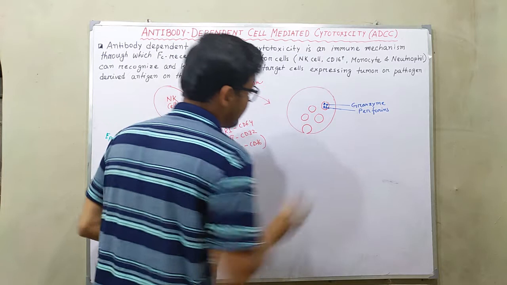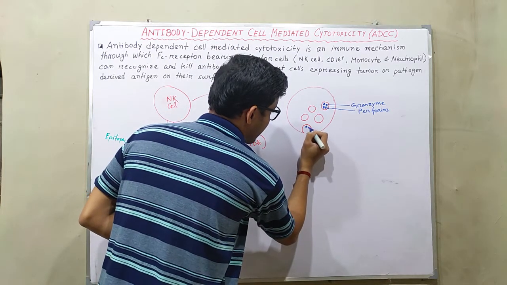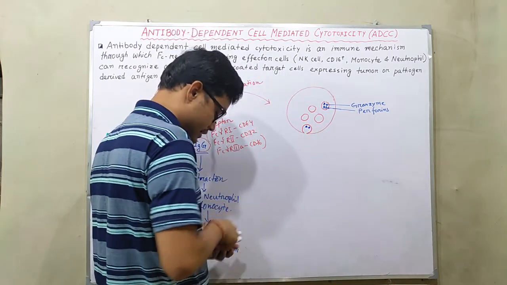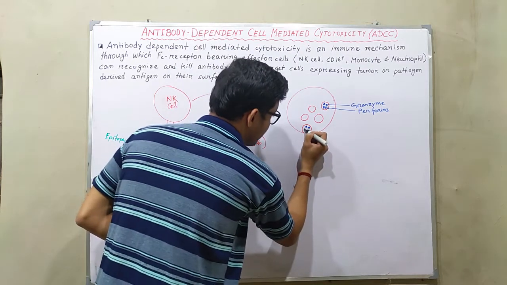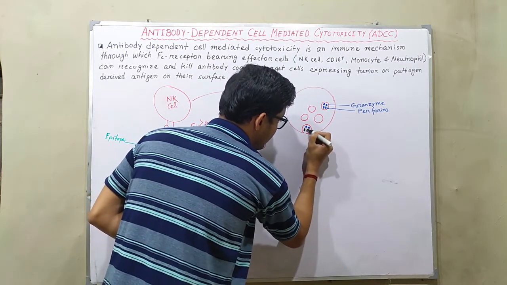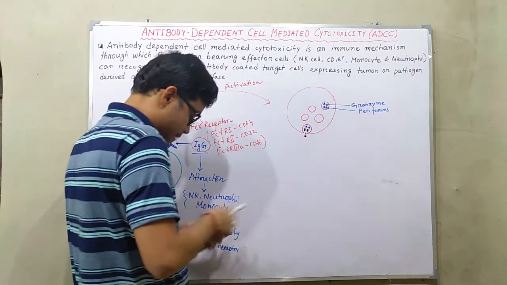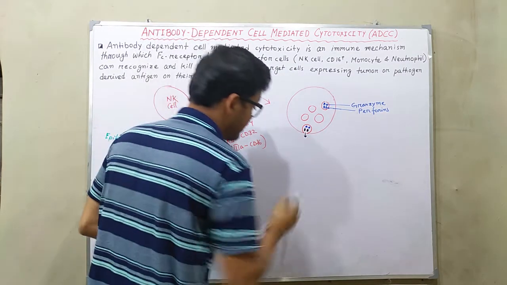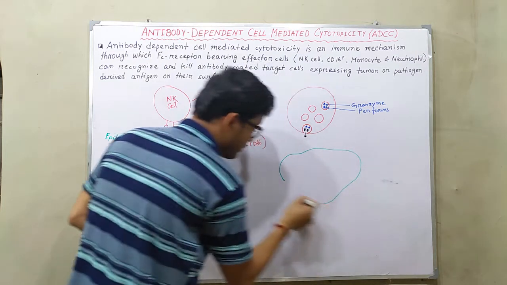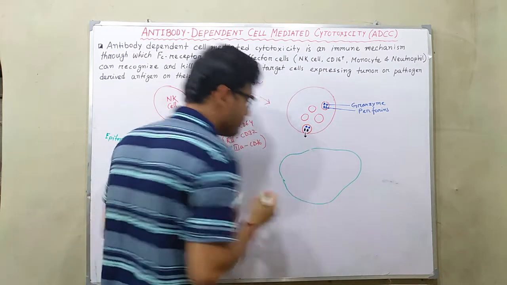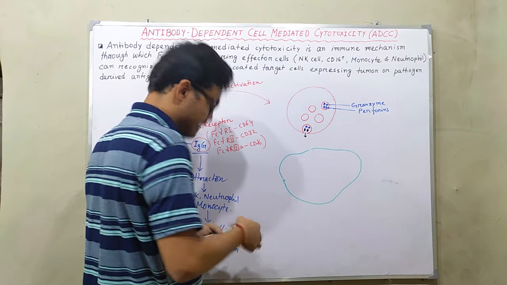These granzymes and perforins now come out from the NK cell, and they create a channel in the plasma membrane of the affected cell.